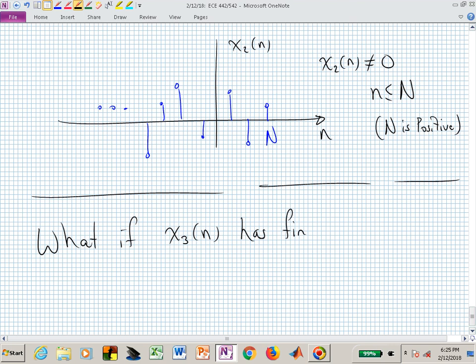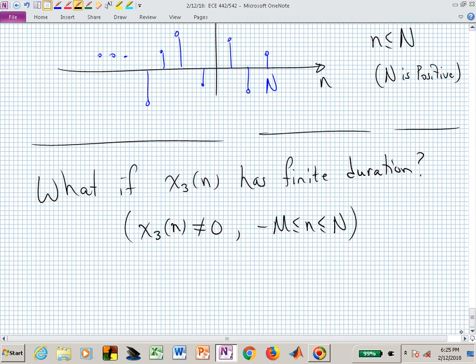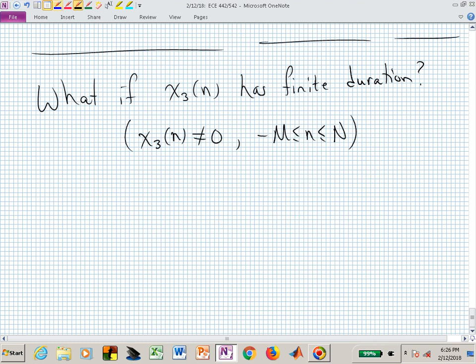But what if x sub 3 of n has finite duration? Or x sub 3 of n is non-zero for n living between two finite bounds, minus m and n. In this case, what's the region of convergence?